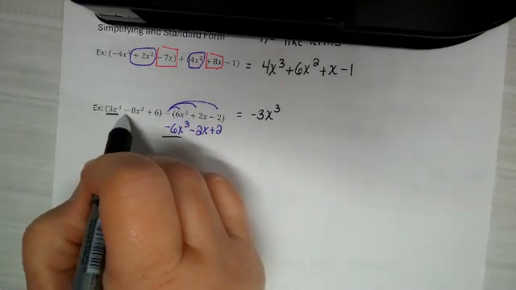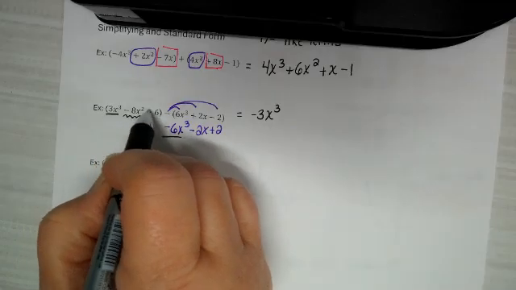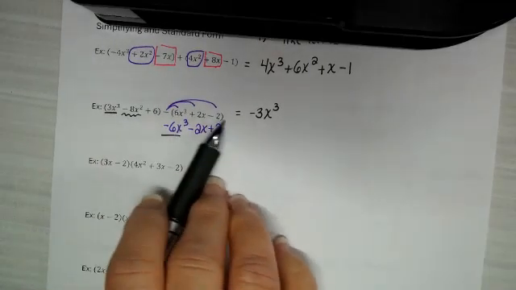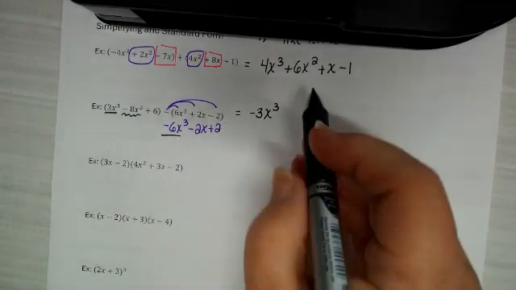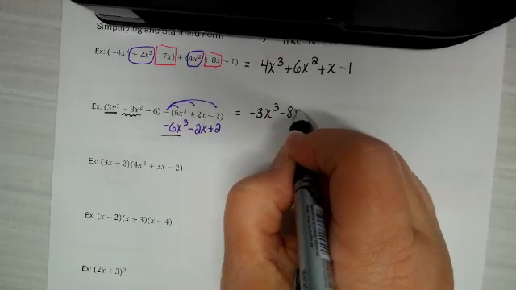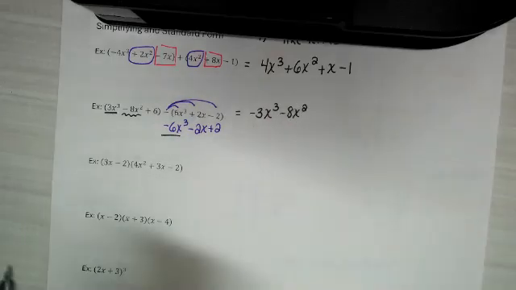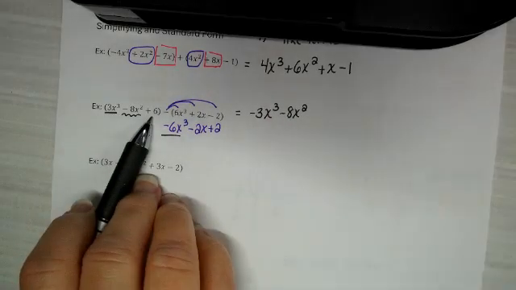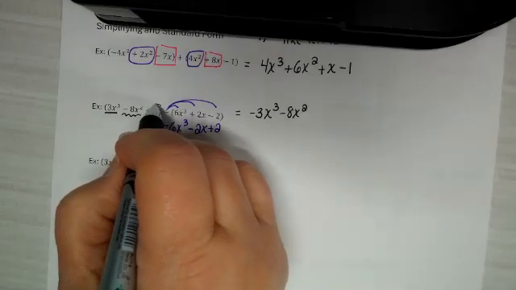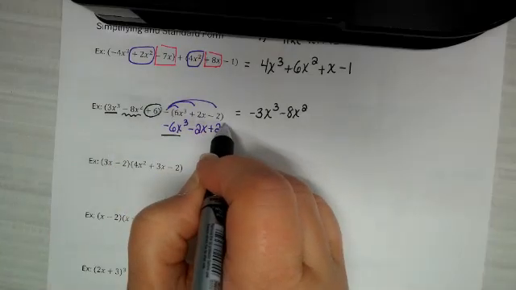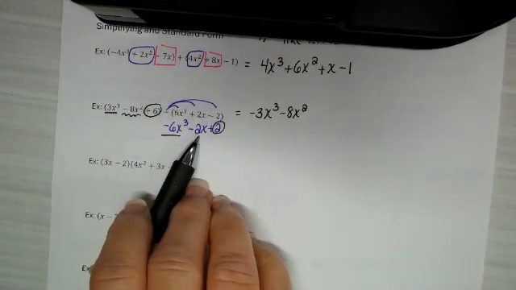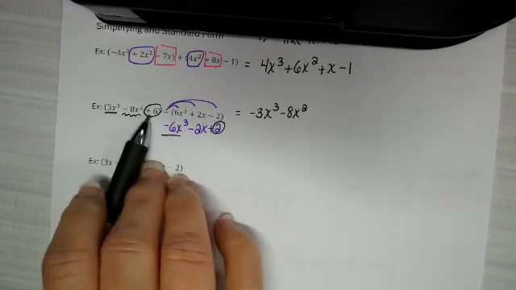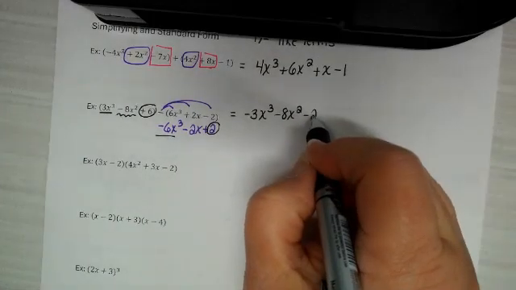My next term I have is a negative 8x squared. I don't see any x squareds over here. So I think negative 8x squared is just going to stay where it is. Now this is a plus 6 and a plus 2, so they can go together. But don't forget, there's a minus 2x, and there's nothing to add it to, so it stays.